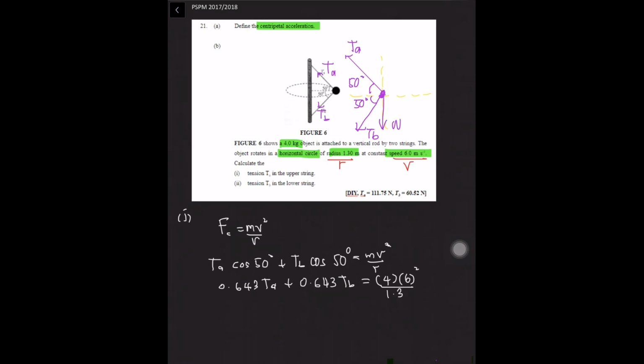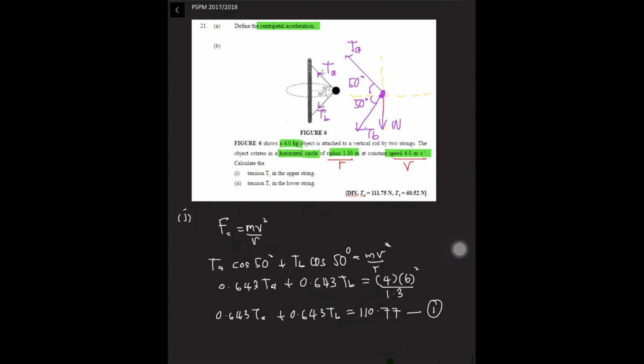So we'll have the first equation: 0.643 TA plus 0.643 TB equal to 110.77. So this will be our first equation.